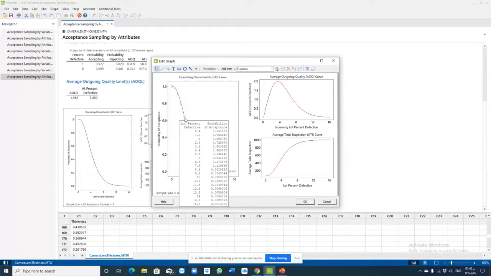So when you open here, you will see on the left side the lot percent defective. When you read the value of 6, the probability of acceptance is 0.244115. So the probability of accepting the lot when the percent defective is equal to 6 will be 0.244.